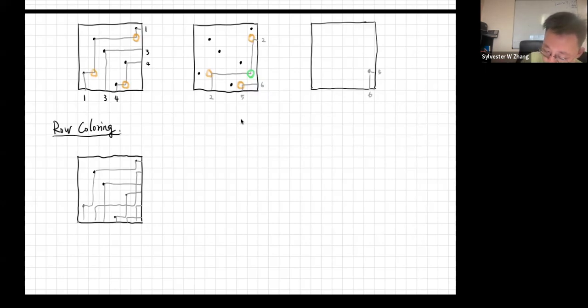So all the shadow lines that appear in the first step are going to be red. For all the shadow lines that appear in the second step, they're going to be blue. And then the third step is going to be green. So red means first step, blue means second step, and green means third step, or the third row.